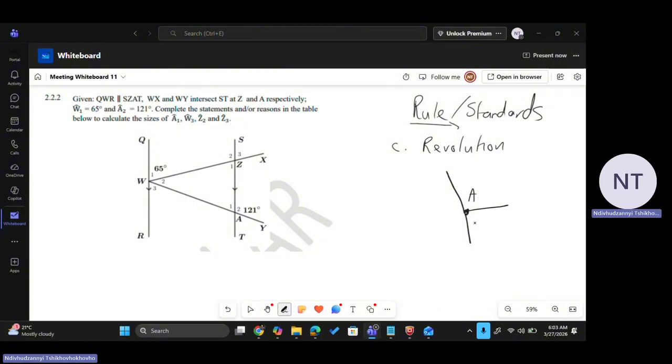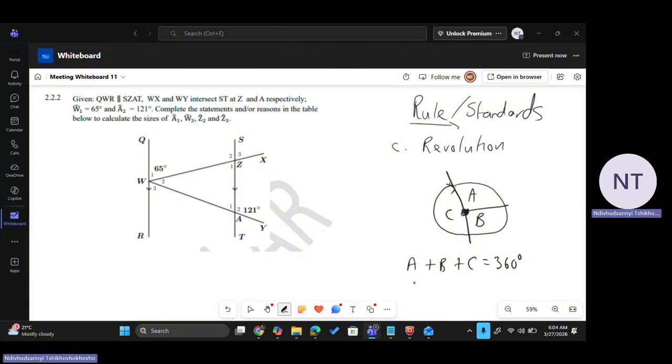So we have A, B, C. If we rotate from any point going back to the same point, then we call it angles around that point, right? So this revolution is made up of A plus B plus C, which is equal to 360, because you're doing a 360.